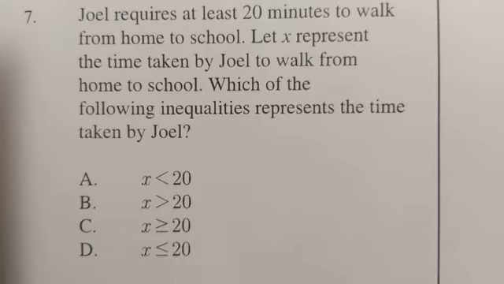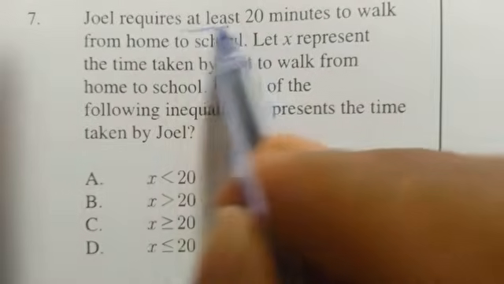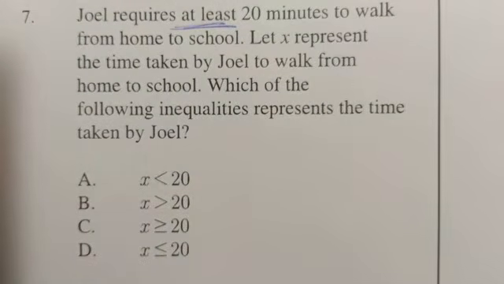But before we even look at the answers, let us go back to the question. The keyword in this question is at least. So this is from linear inequalities. And in linear inequalities, we talk of words like at least, more, less, at most.